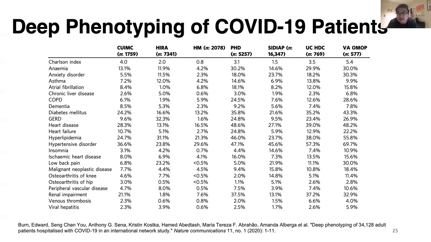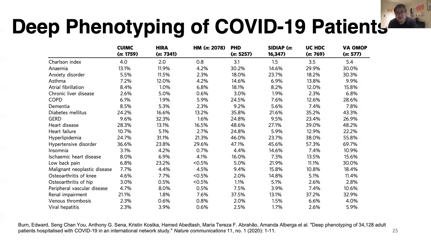HIRA stands for Health Insurance Review and Assessment. HM stands for HM Hospitals. PHD stands for Premier Healthcare Database. SIDIAP stands for the Information System for Research in Primary Care. UCHDC stands for University of Colorado Health Data Compass. VAOMAP stands for the Department of Veterans Affairs.